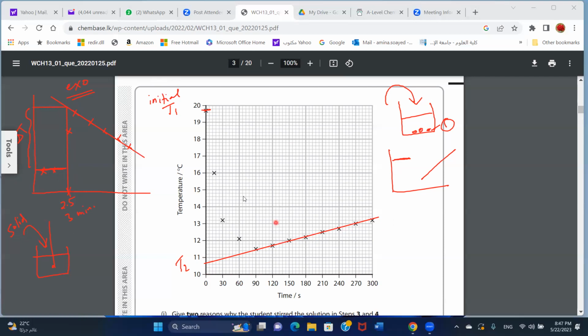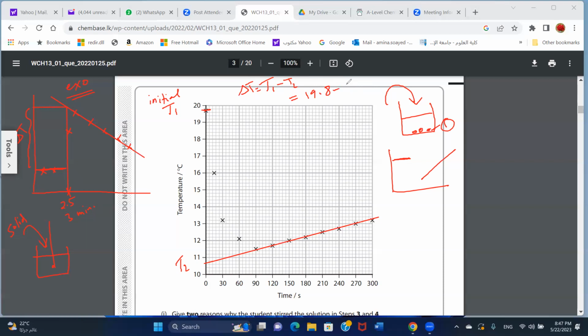You're welcome. So here, when we subtract T1 minus T2, we get the delta T. So we have 19.8 minus 10.6.